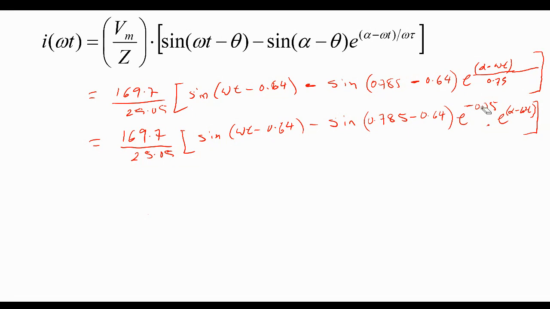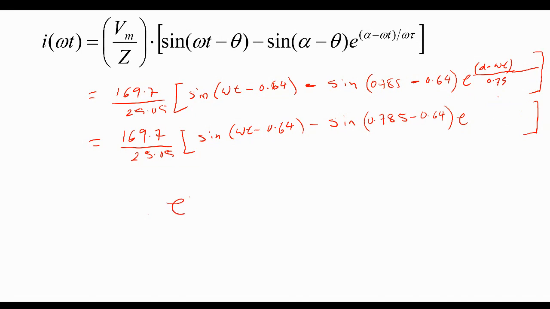In this way, it would simplify better. Because we know the delay angle here, I could just keep this as the alpha over 0.75. We know alpha. What was our alpha?